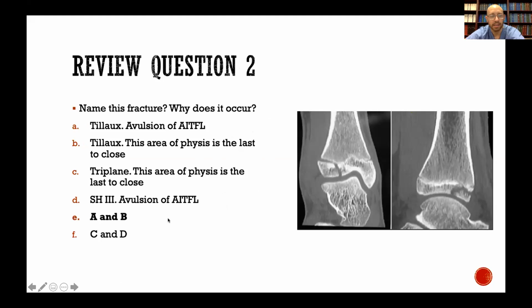Just to go back, I didn't include any pictures, but you can exclude a triplane, because a triplane is a Salter-Harris 3 fracture of the distal tibia, through the physis and then into the epiphysis. A triplane has a component of a Tillaux, so it has a fracture through the epiphysis, but it also has another fracture line that goes through the metaphysis, on a different plane as well.